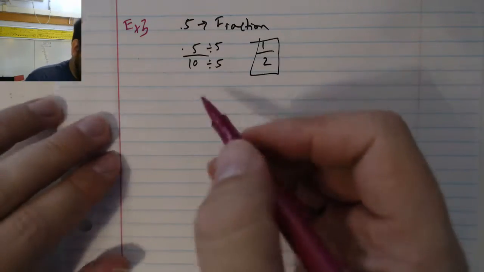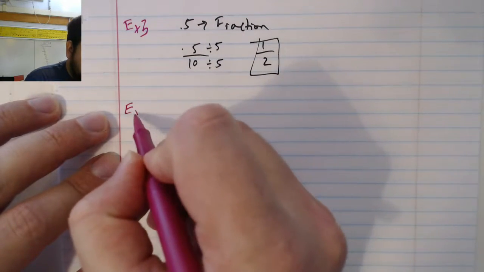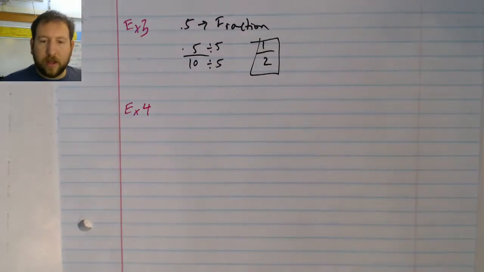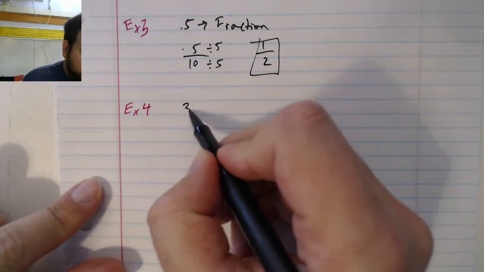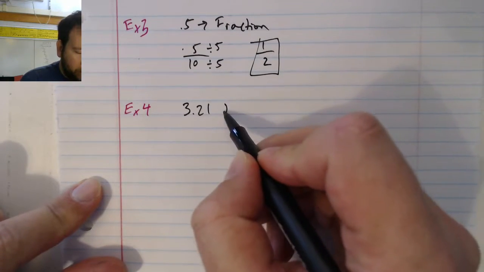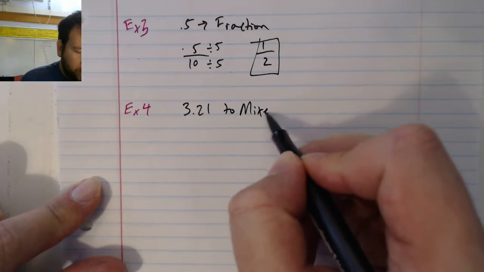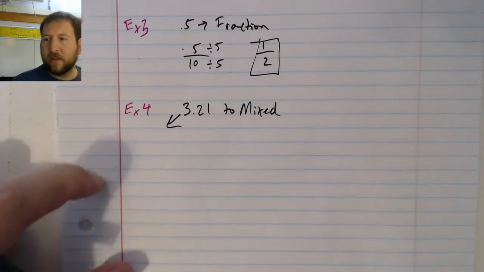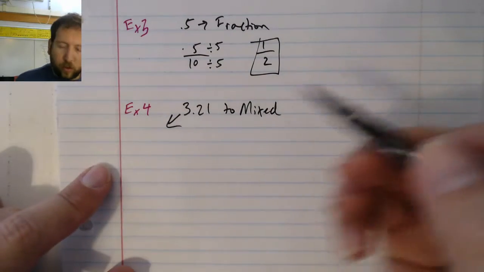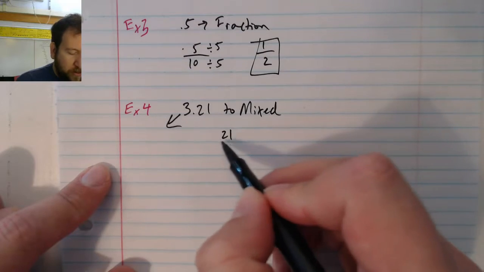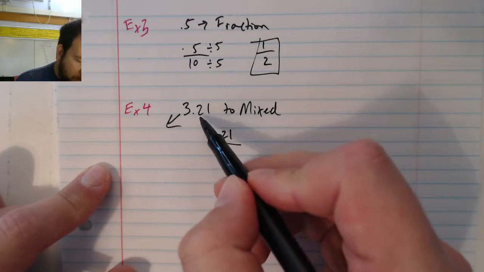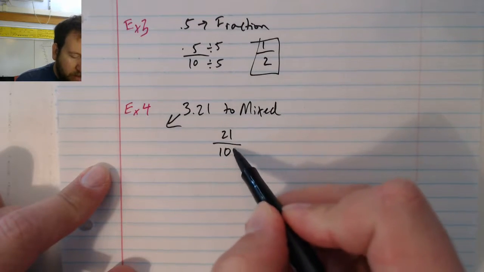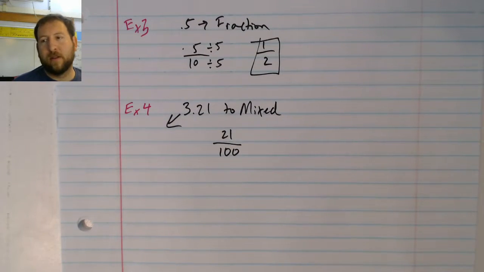Look at this one, example 4. We're going to take 3.21 and turn it into a mixed number. I'm going to save my 3 for later, and look at this 21. 21 is my numerator, because I use whatever is back here. Then I have my tenths and my hundredths, so I have 21 hundredths.